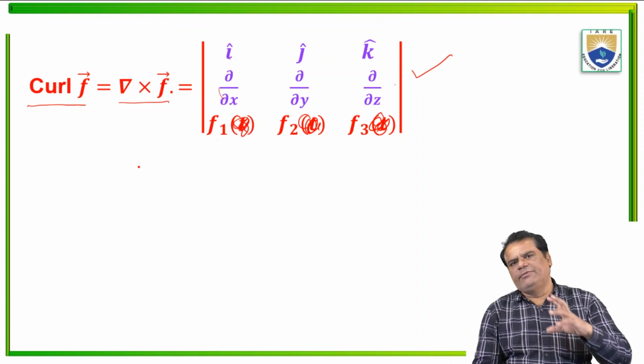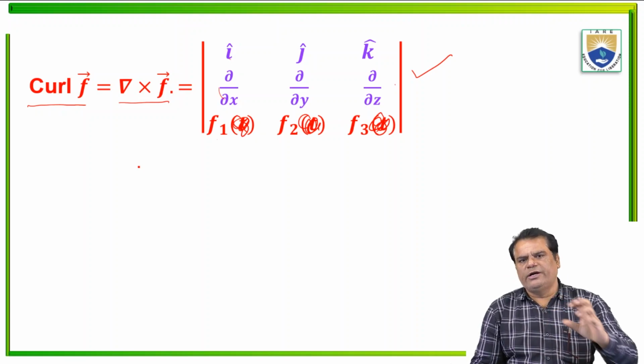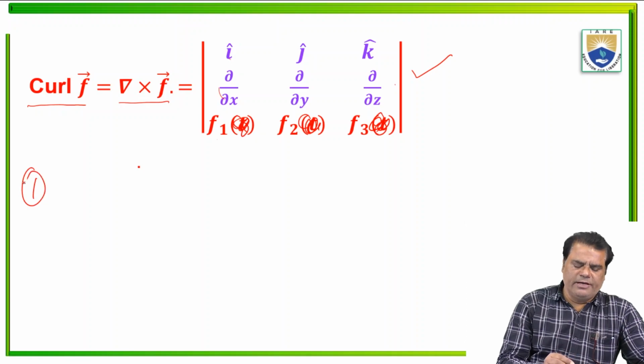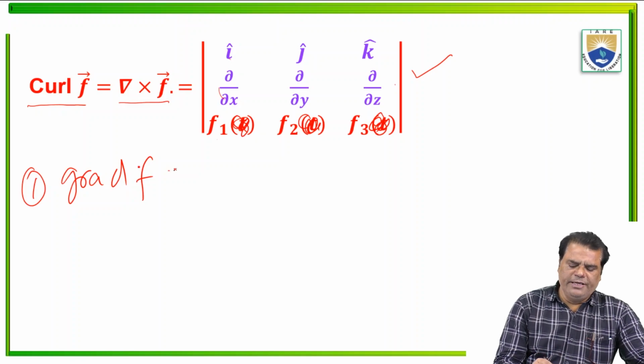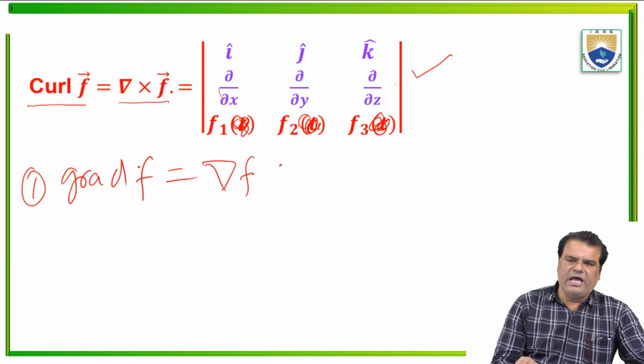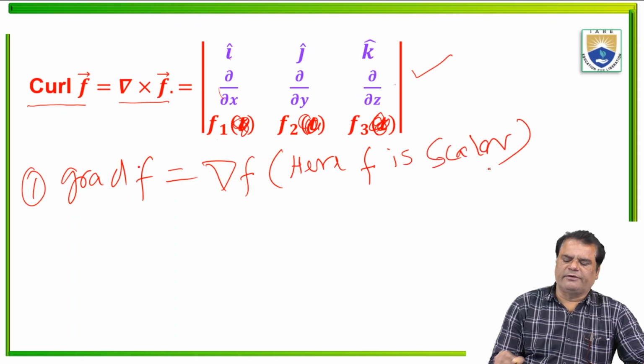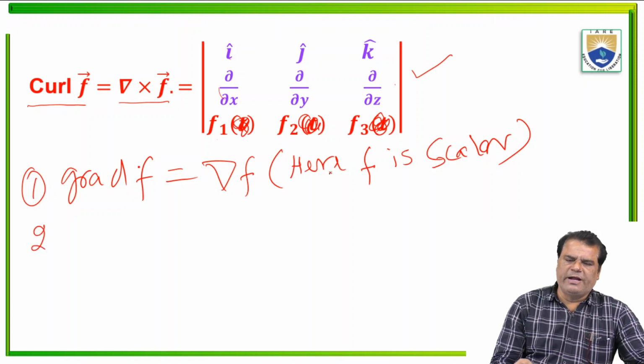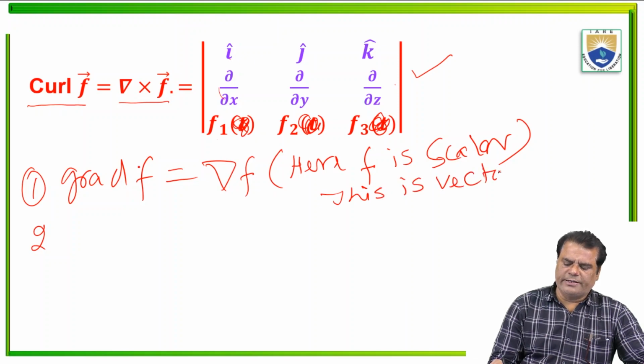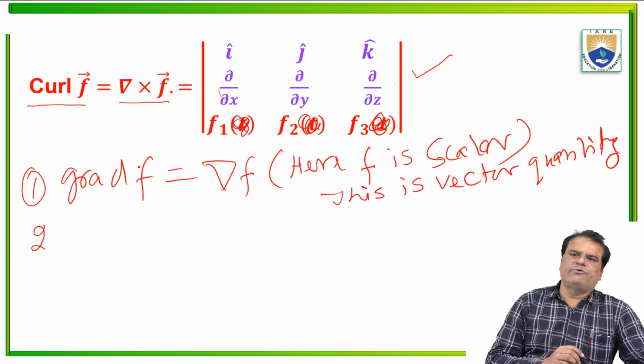Now finally I am giving only three points here very shortly. Number one, grad f. Grad f means del f. Here f is a scalar, but this is a vector quantity.